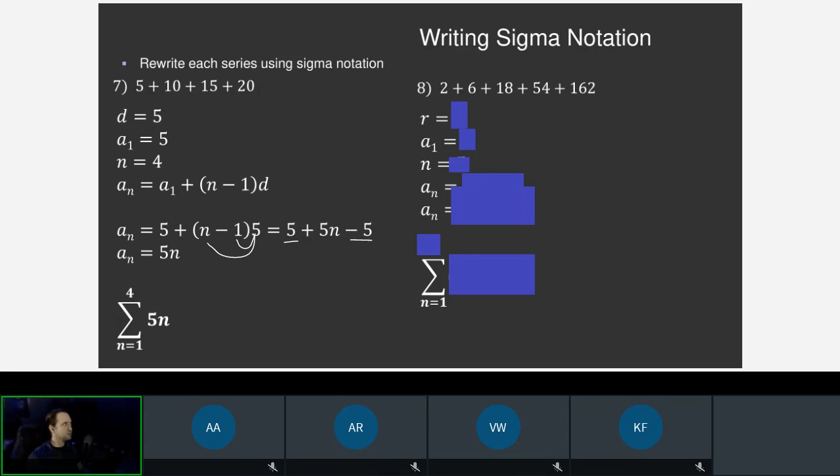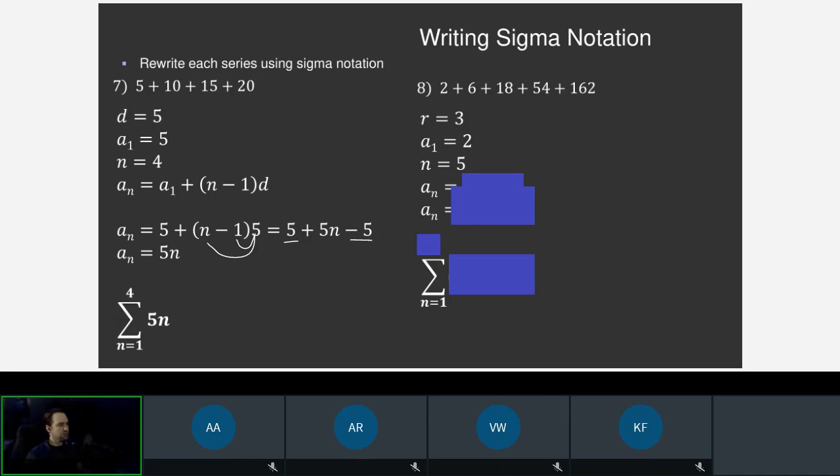All right, so we know for the second example, number 8, the common ratio is 3. Your first term is 2. The number of terms we have is 5.